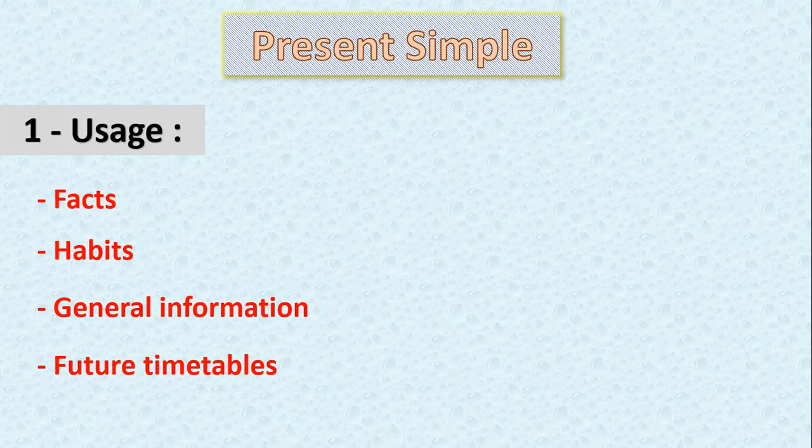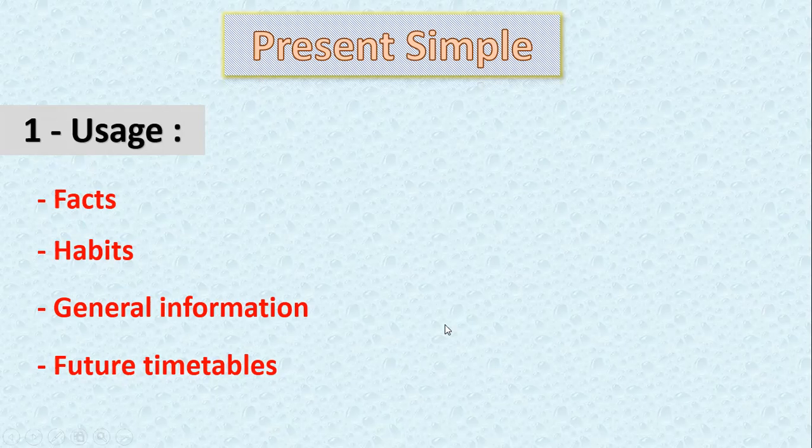It's very important to differentiate between this tense and, for example, the present continuous. Okay, so now we know when do we use this tense. Like for example, when I say I work as a teacher, not I am working as a teacher, I work. Okay, so that's very important to use this tense in these situations.